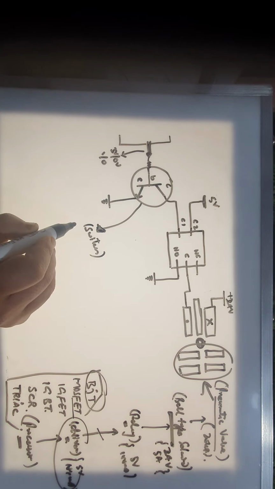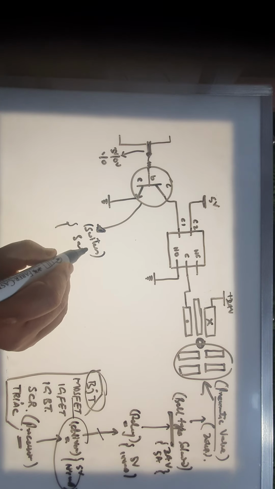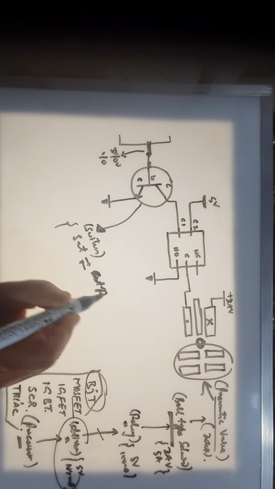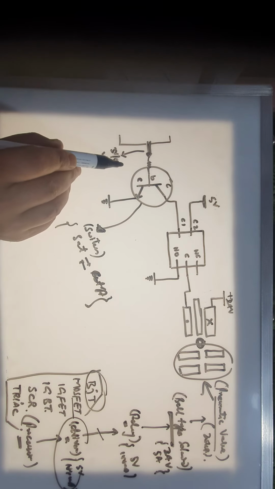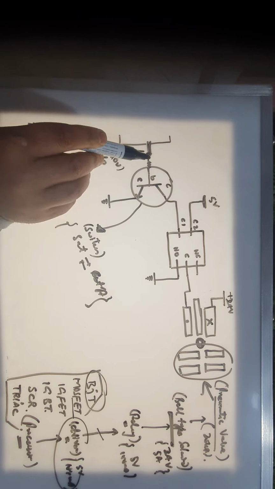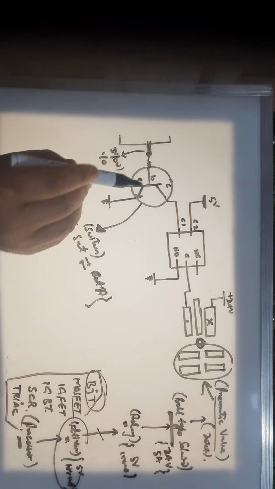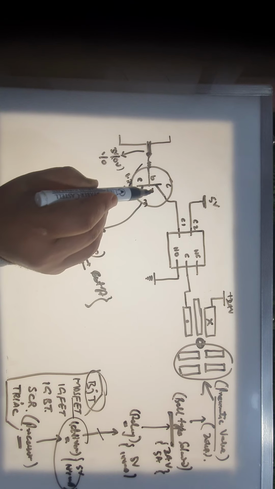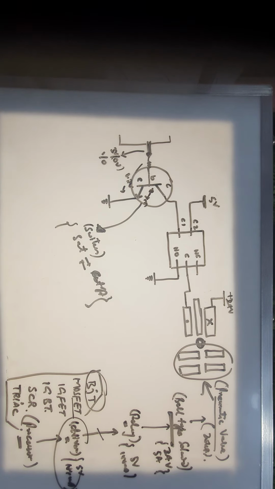Switch means it must simply go from saturation to cutoff and back. When you give 0 volt to the base, there won't be any current, you won't be providing the 0.7 volt PN junction voltage. So the transistor won't turn on, it will be cut off.